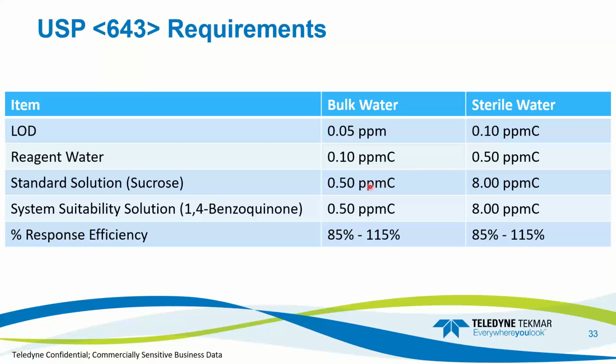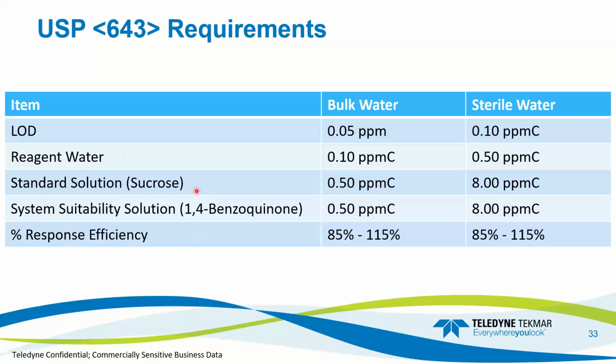So what are the requirements that we look for in USP 643? Well, we have a limit of detection, LOD, at 0.5 ppm in bulk water and 0.1 ppm in sterile water. Our reagent water is 0.1 ppm. Our sterile water is 0.5 ppm of carbon.